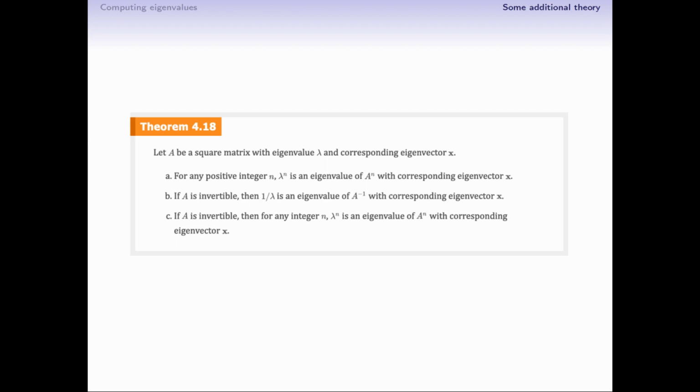Statement B says that if A is invertible, then 1 over lambda is an eigenvalue of the inverse of A with corresponding eigenvector x. And statement C says that if A is invertible, then for any integer n, positive or negative, lambda to the n is an eigenvalue of A to the n with corresponding eigenvector x. Let's go to the document camera and work out the proof of theorem 4.18.